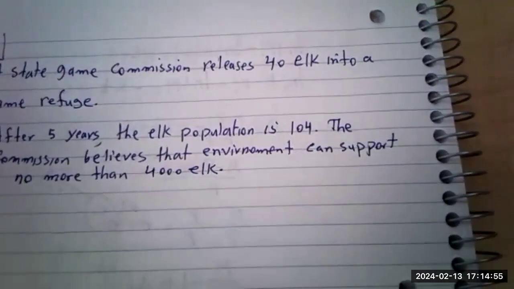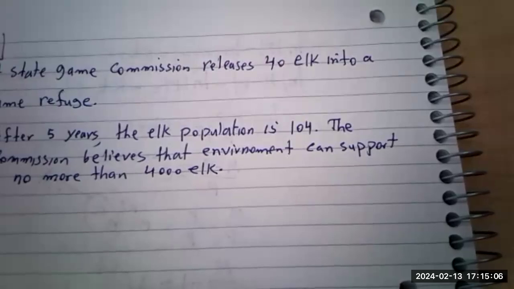Okay, so this is going to be the most that you can afford, kind of a maximum limitation. So the limitation that you have is going to be the minimum you have 40, but the maximum is going to be 4,000. So the model for this one is already given.